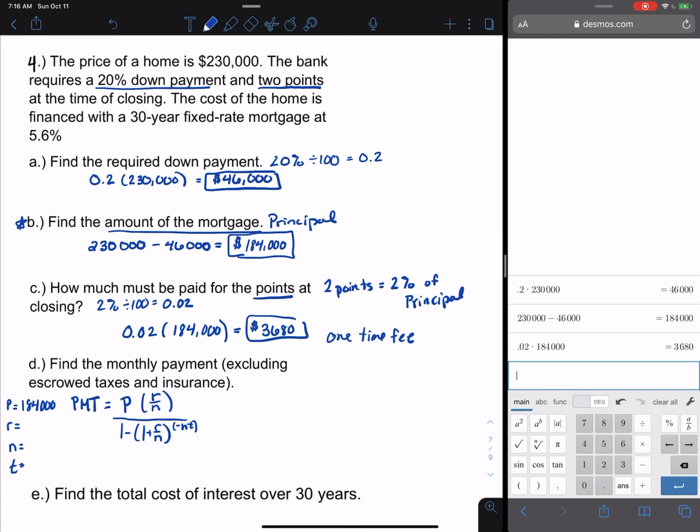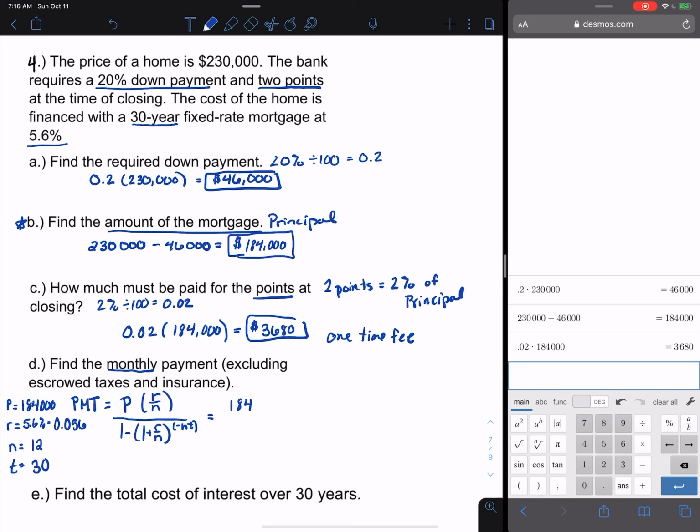If we look for the other information, they tell us in this last sentence up here that the cost of the home is financed with a 30-year, so that's our time, 30, fixed rate mortgage at 5.6%. So that interest rate is 5.6%. In decimal form, that's 0.056. And then because they're telling us it's monthly payments, we know that N is going to equal 12.